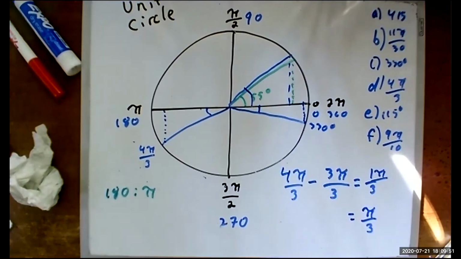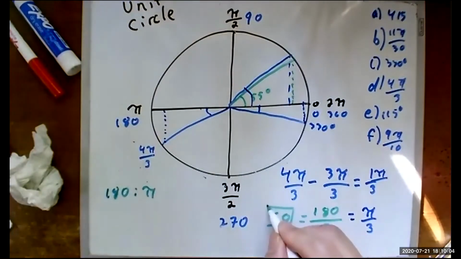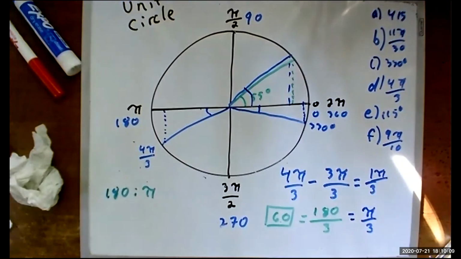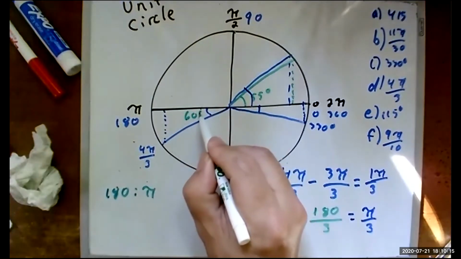So I can replace that pi with 180 right away. And it just tells me that I'm immediately jumping down to 60 degrees. For those of you who can't quite see that, if 180 matches with my pi, that means I could say that this is 180 divided by 3. 3 goes into 180 60 times. So my reference angle becomes 60.